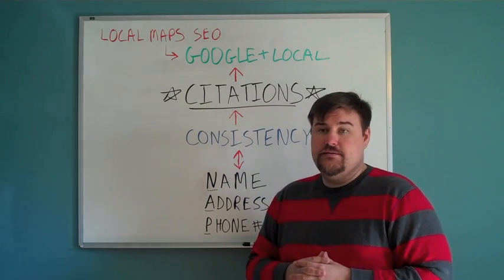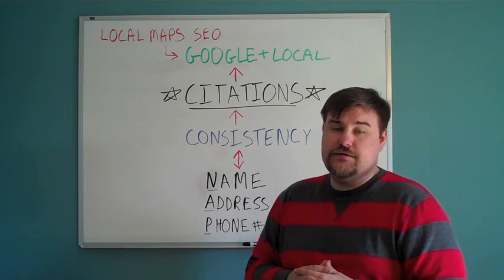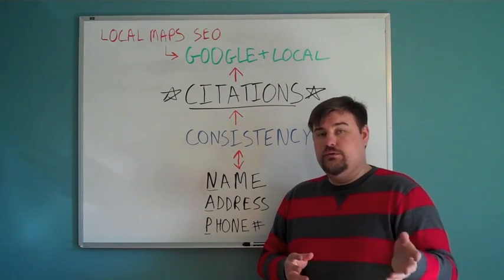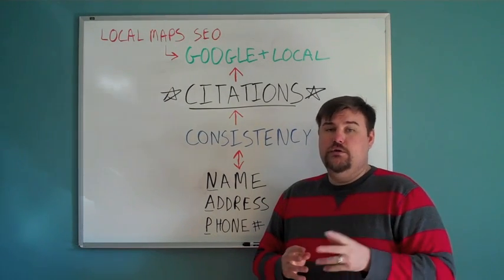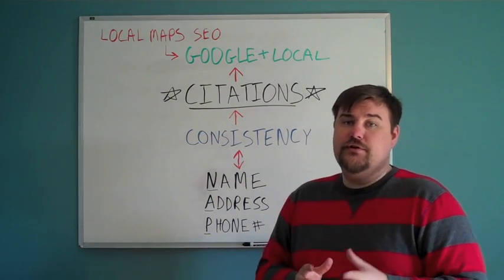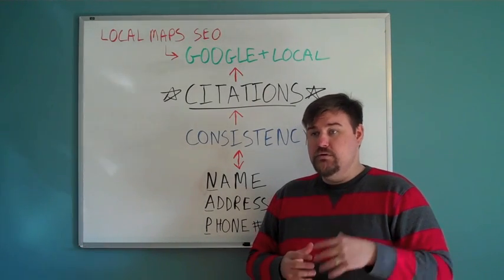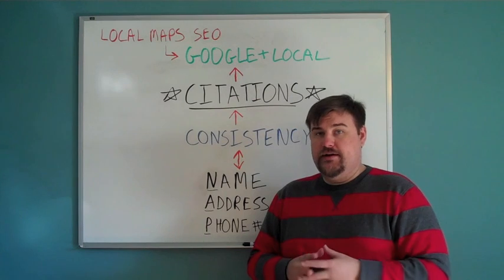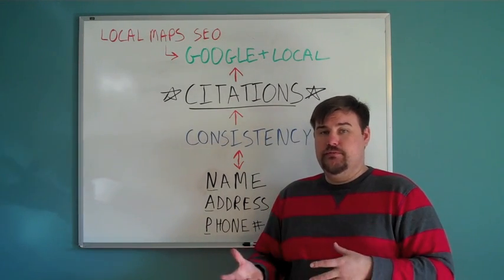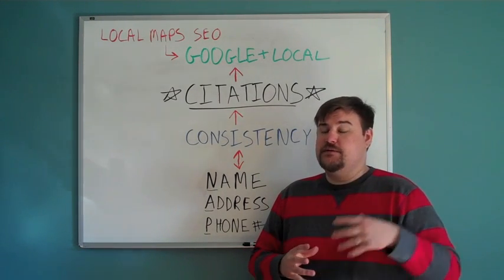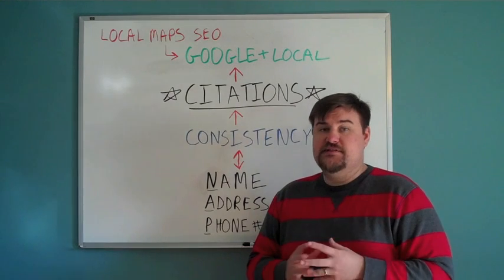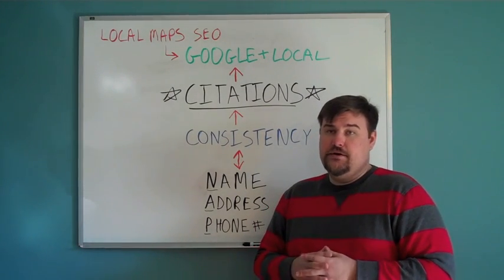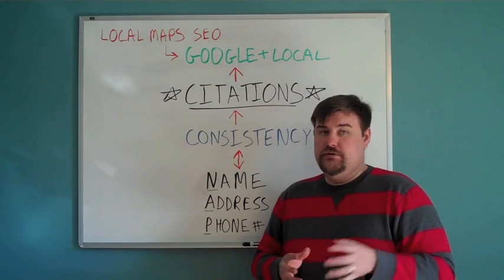You also want to post up some citations on industry relevant websites, or local websites. If there's local business directories in your community, get a profile up on there. If you are a chiropractor, seek out medical directories or chiropractor specific directories that you can get a business listing on, to help build your citations.